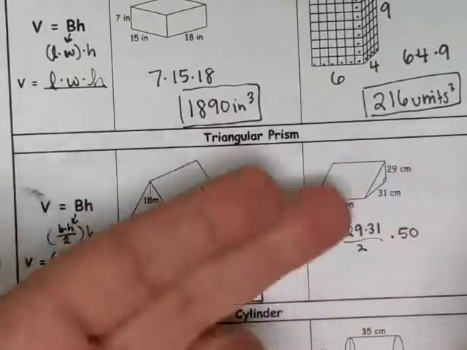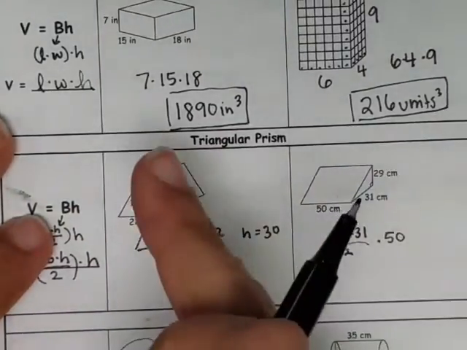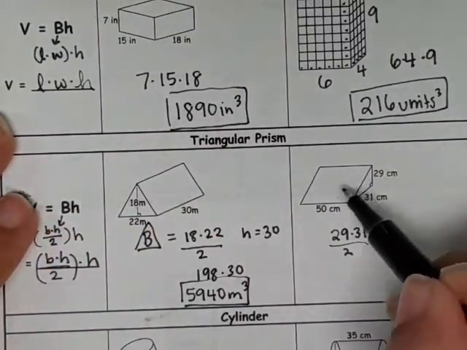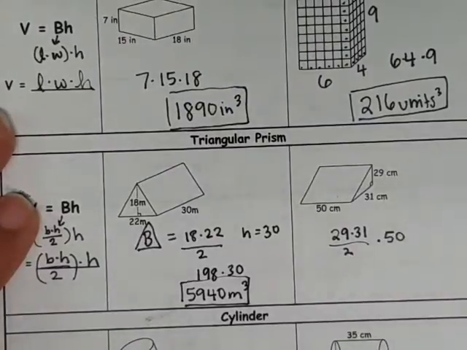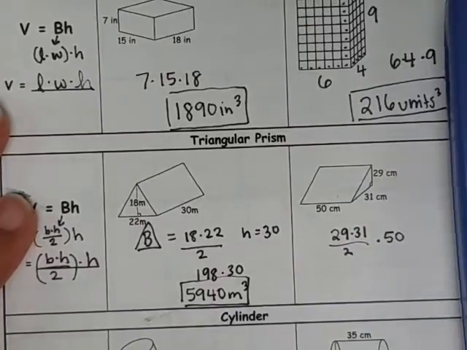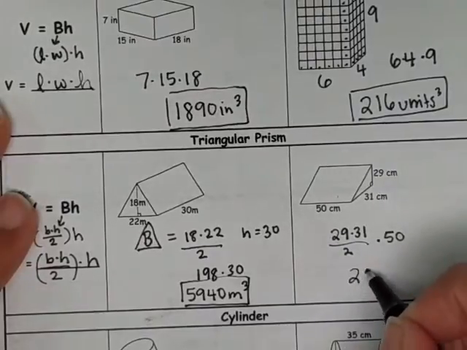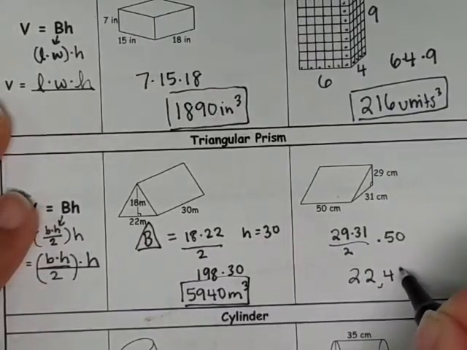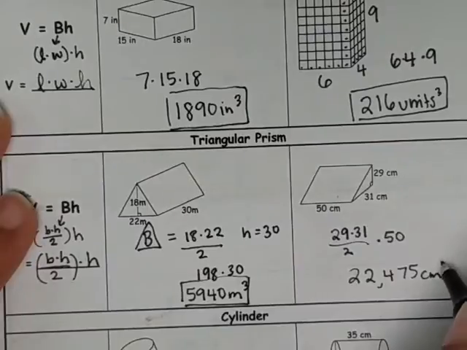So this one's kind of like it fell on its side. If you were to stand it up, this would be your base shape. So when I multiply all that together, 29 times 31 divided by 2, and then times 50. Ooh, a rather large number. 22,475 centimeters cubed.